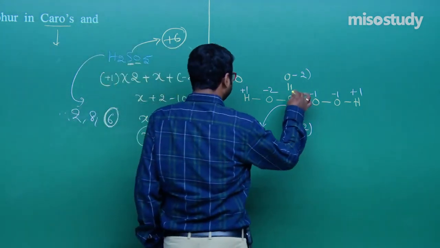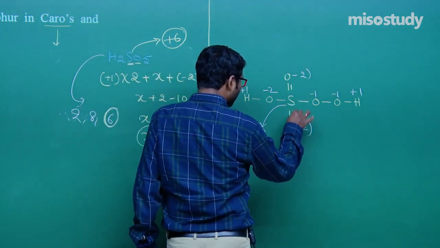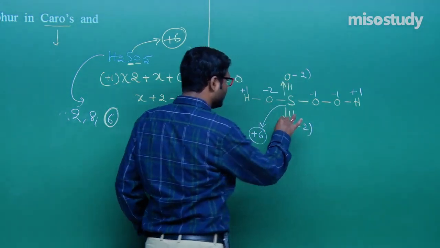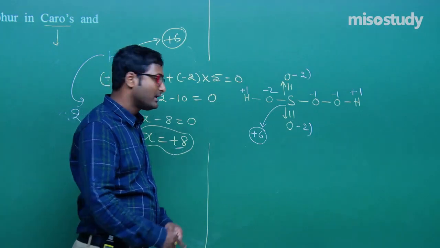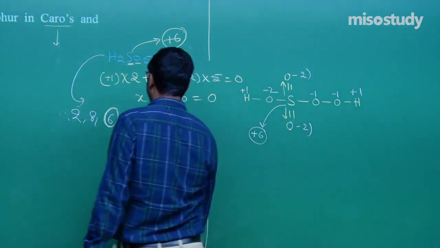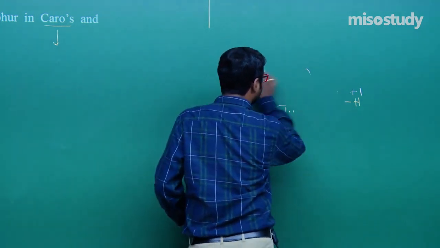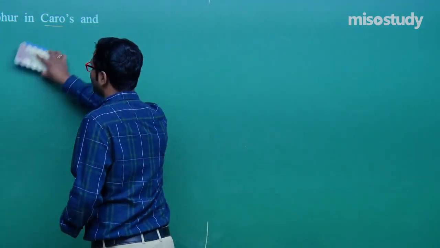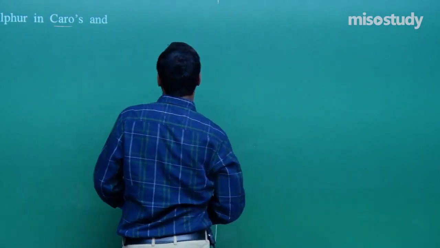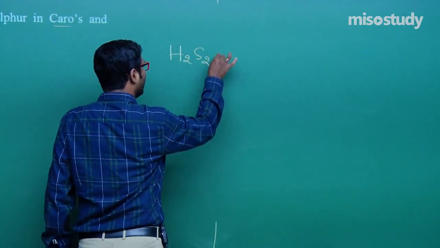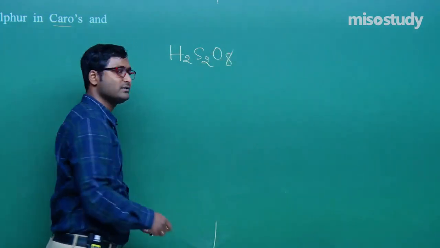Look at one more thing. Here this one is not a good representation. This linkage is the best representation. Clear to you? Now we can say in Caro's acid the oxidation state of sulfur is plus 6. Clear to you? What is Marshall's acid? So the formula of Marshall's acid is H2S2O8.